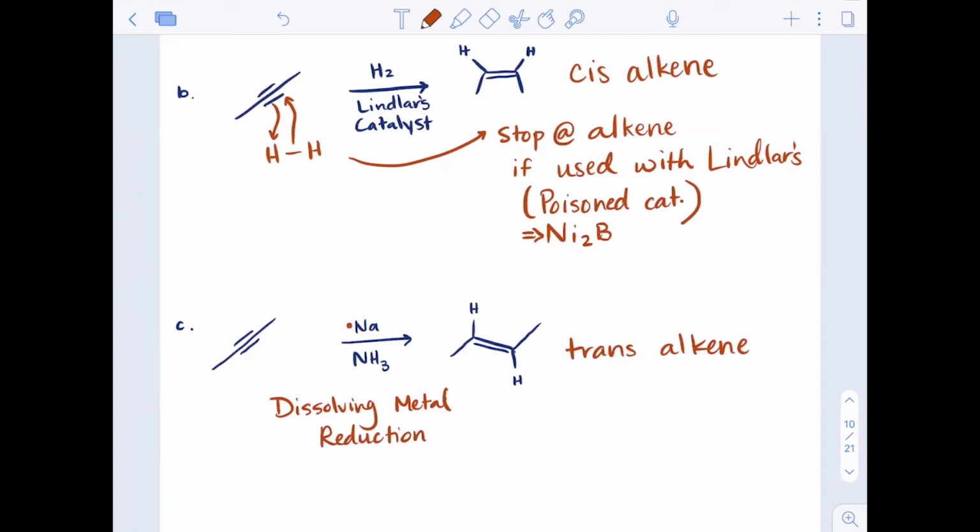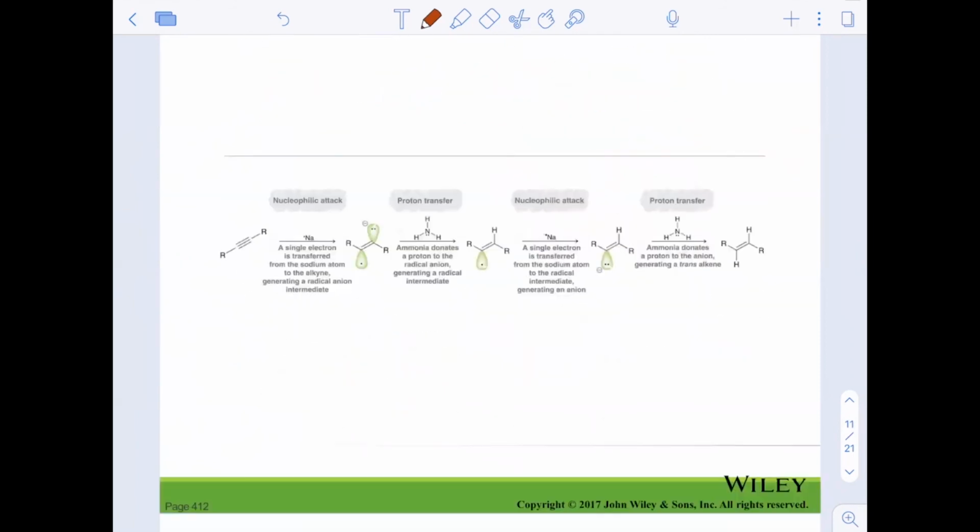Notice sodium here is not positively charged. It's not an ion. It is the sodium metal that has one electron in its valence. NH3 will be utilized for our hydrogen source, so not H2. We will use ammonia. And this reaction goes through a very unique mechanism. We're going to walk through it right now.